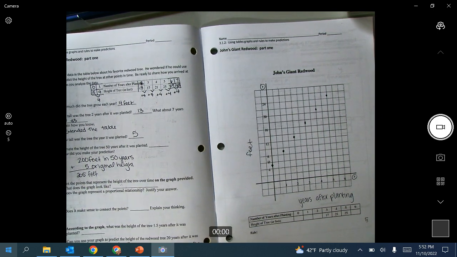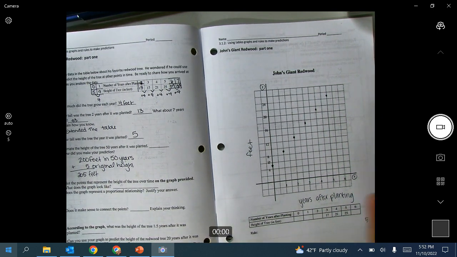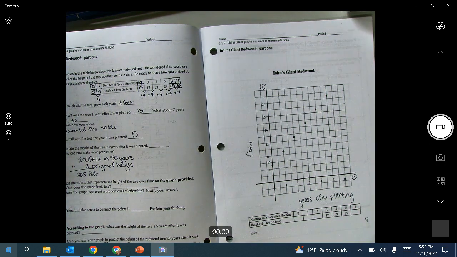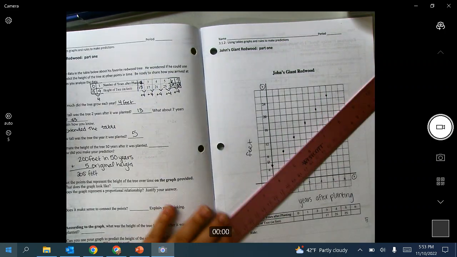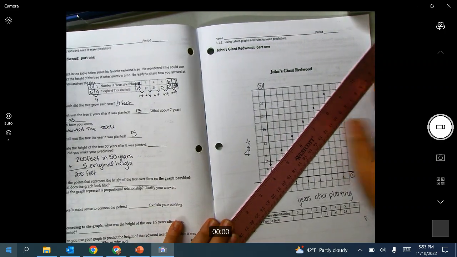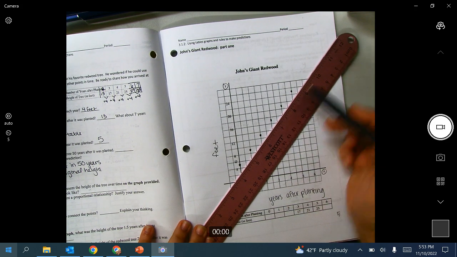So what does our graph look like? If I were to use a ruler, I'm not going to do this right now, but if I held this up right here, this might help show that these points are in a straight line.